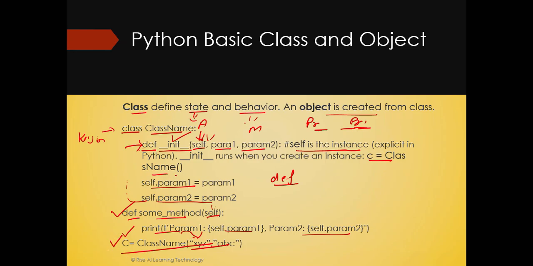In the constructor you need to do this, otherwise you will not be able to access this parameter anywhere. If I create another method here, how will I access this parameter? At the constructor level itself we create one explicit object that I can use anywhere in this method.